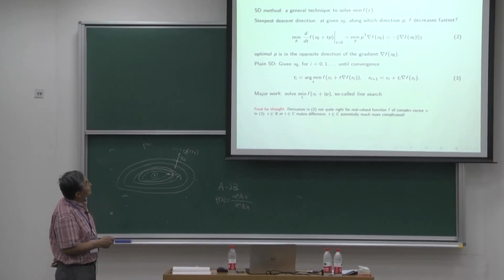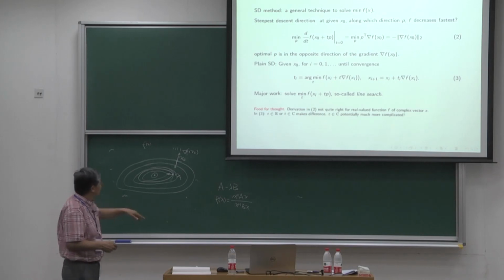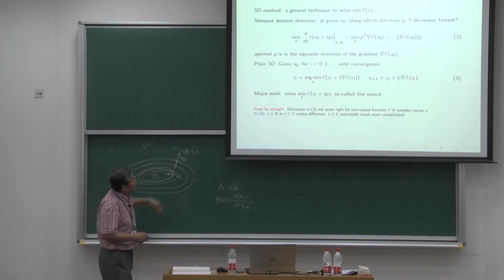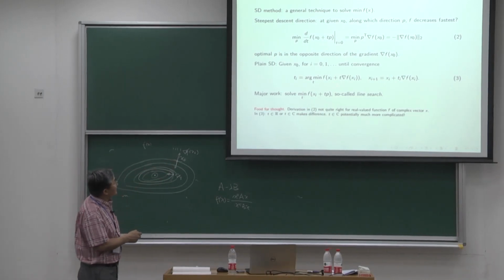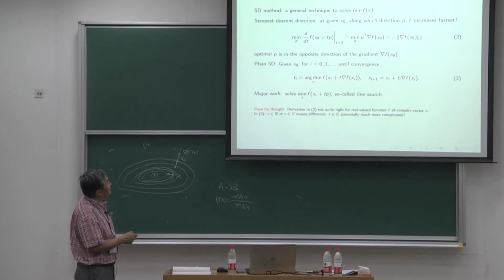So this is the so-called line search, because you're following this steepest direction. It's a one-dimensional search. Each step you find the best possible argument t, and then you move by t, so each step you need to solve this so-called line search. Whether this t is in C or R, complex or real, makes a difference.